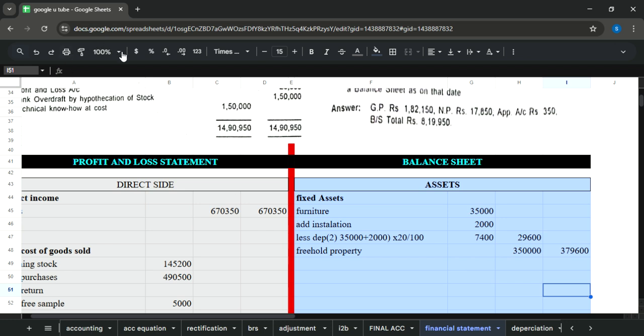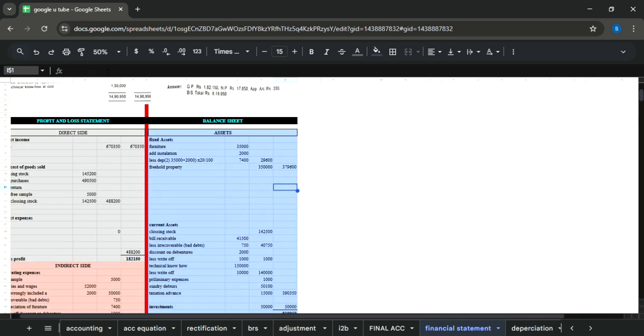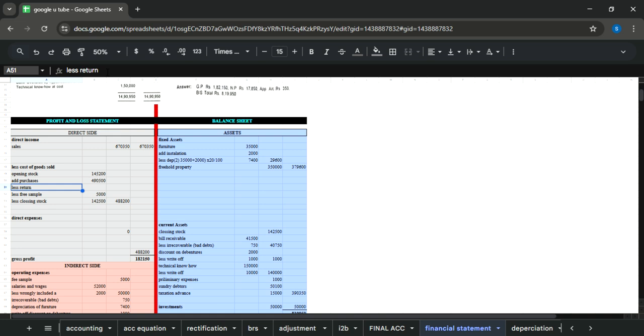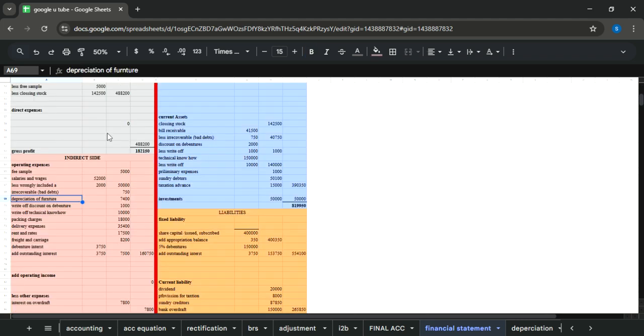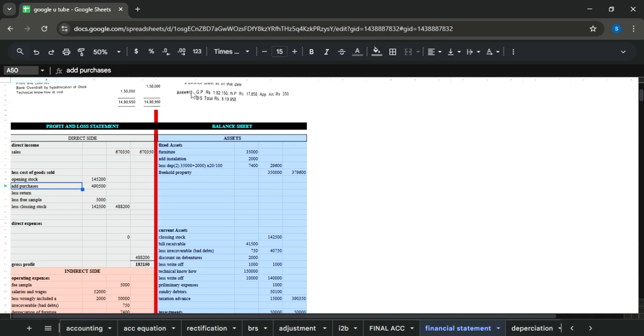So let me show you what we have done. Although almost same time has been taken, question was little lengthy. You can see there were 11 adjustments and several elements of trial balance. So first we have calculated gross profit 182,150 and answer 182,150 was there.